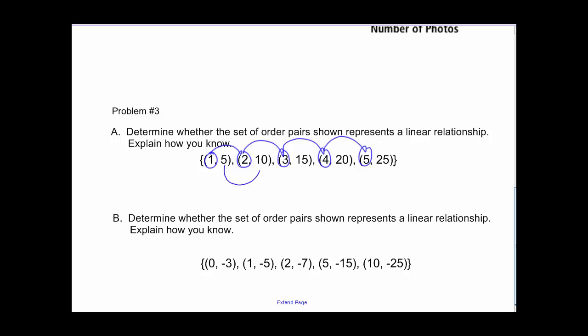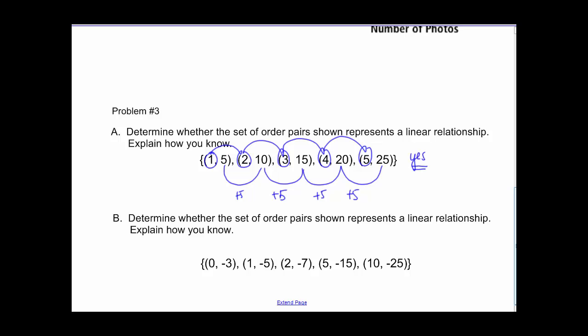So the y is increasing from 5 to 10, so that's plus 5. From 10 to 15, that's also plus 5. 15 to 20 is plus 5. And 20 to 25 is plus 5. Since we have a constant that goes up plus 5 each time, we can say, yes, this is a linear relationship.